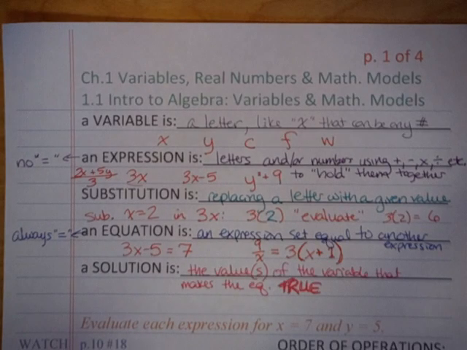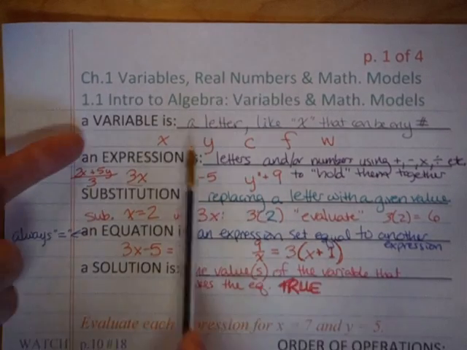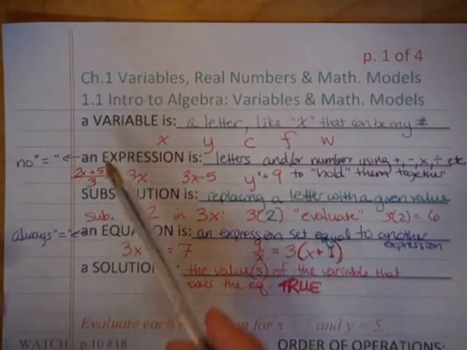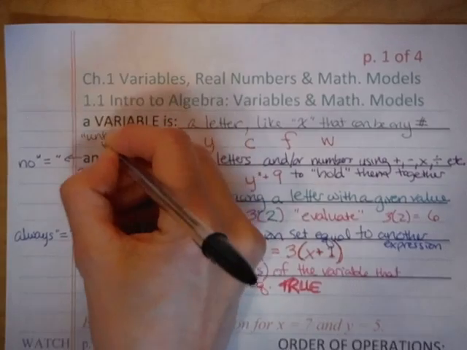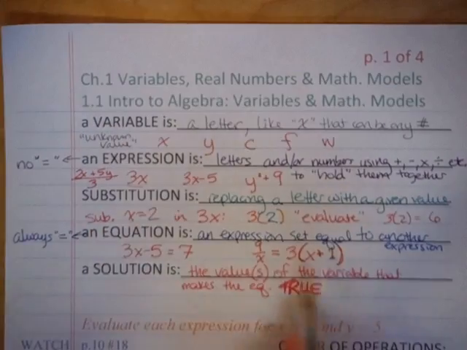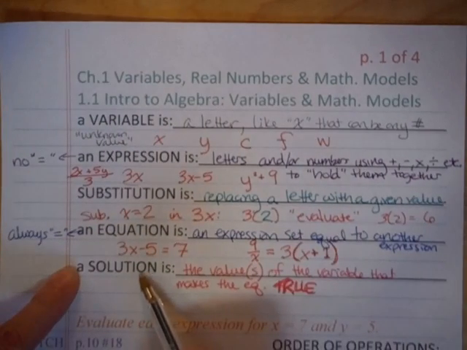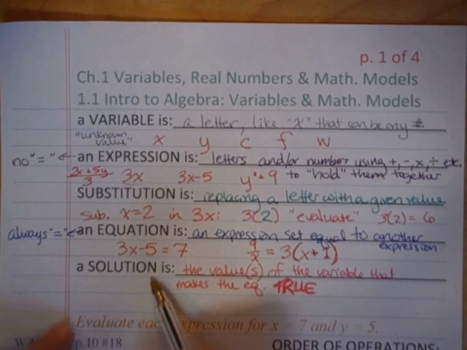So solving is the process of going from the variable being unknown, okay, so it's an unknown at this point when it's a variable, an unknown value, to the process of coming up with the solution, knowing what it is.